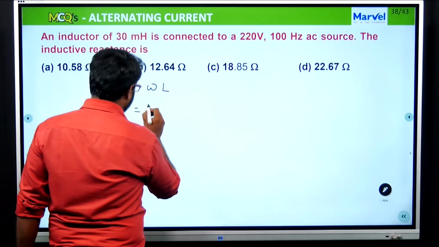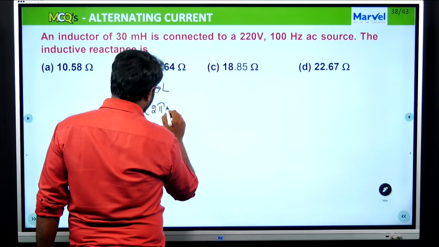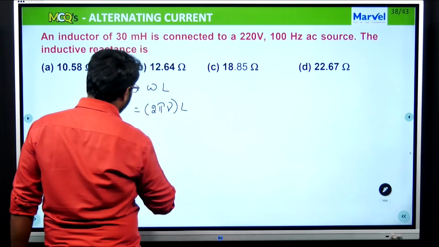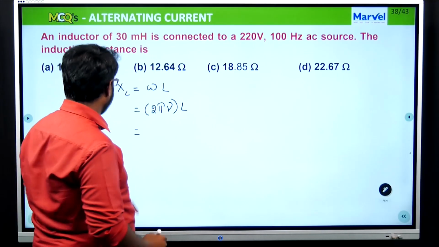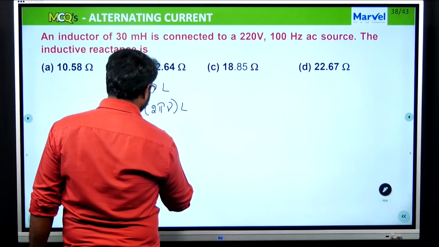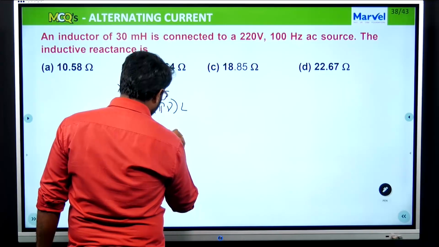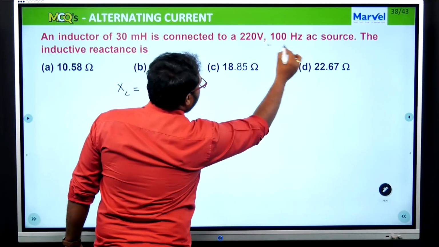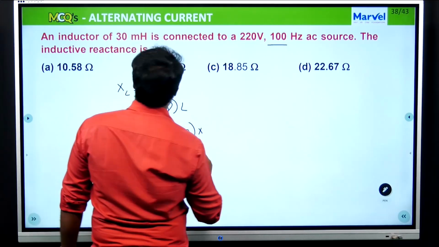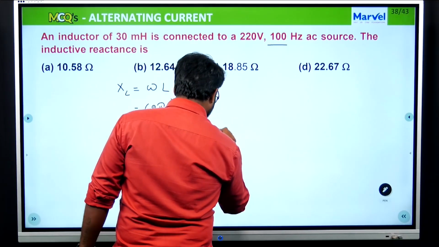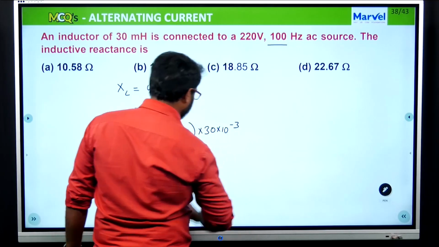Omega is 2 into pi into mu into L, and mu is given as 100 hertz and L is directly given. Okay, so 2 into pi into 100 times 30 into 10 power minus 3.